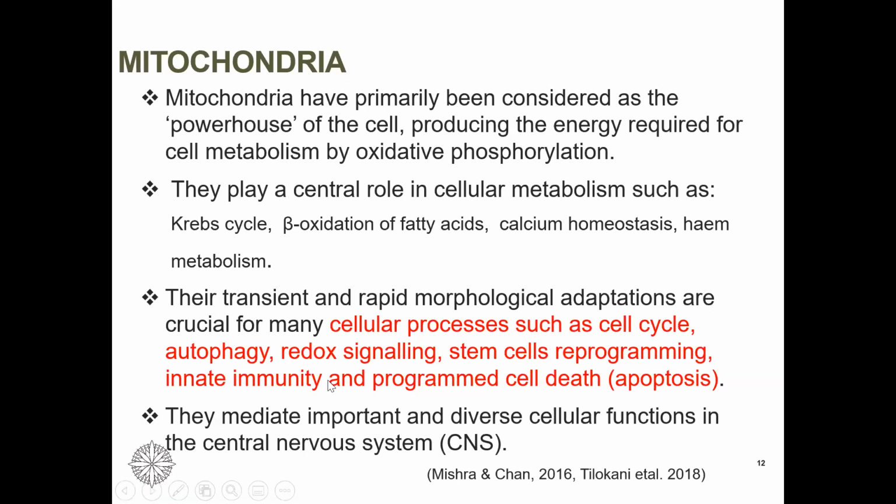I'll just comment a little bit more about its role in the central nervous system. So there is evidence that alterations in the mitochondrial morphology, so when I say morphology, what I mean is their fusion and fission mechanism, influences brain energy metabolism.